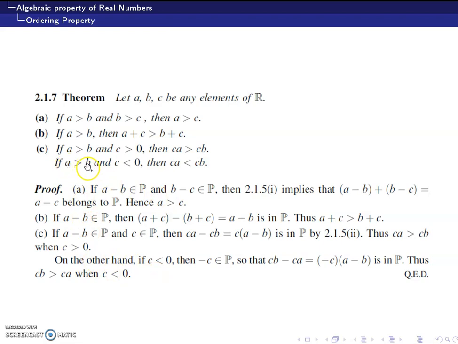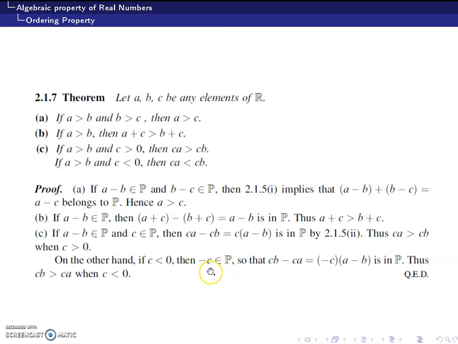A greater than B implies A minus B is in P. C less than 0 implies C is not an element of P. If C is not an element of P, by the law of trichotomy, minus C is an element of P. So A minus B is an element of P, minus C is an element of P. P is closed under multiplication.